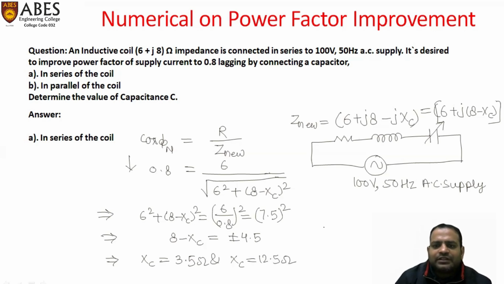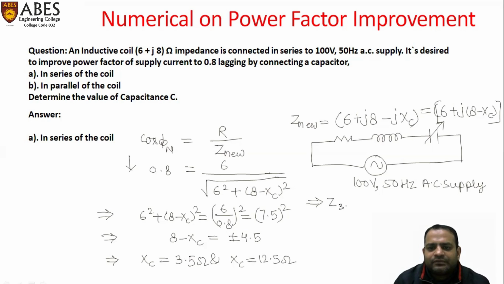So first of all, let us check which value to take. When we take XC as 3.5, the Z would be 6 plus j4.5.